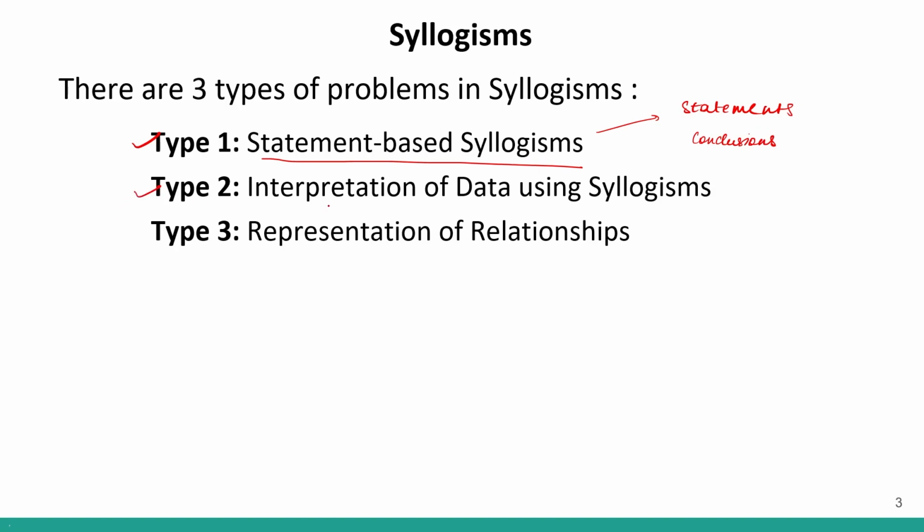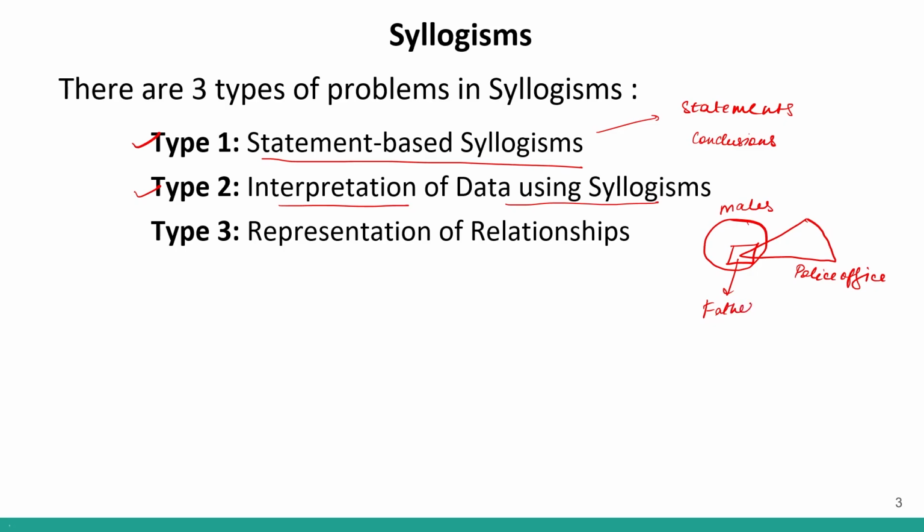Then we have interpretation of data using syllogisms. For example, I told you, let's say this circle represents the number of males. This triangle represents the number of, let's say, police officers, and this small square depicts the number of people who are fathers.